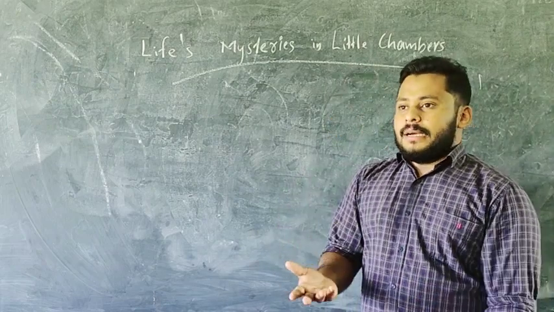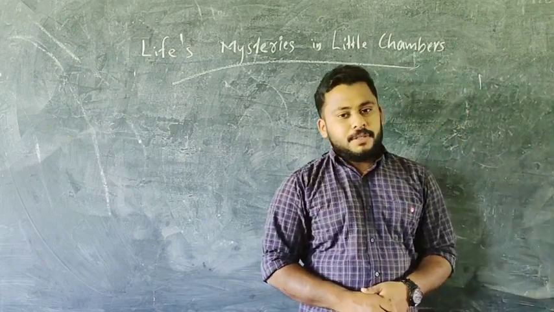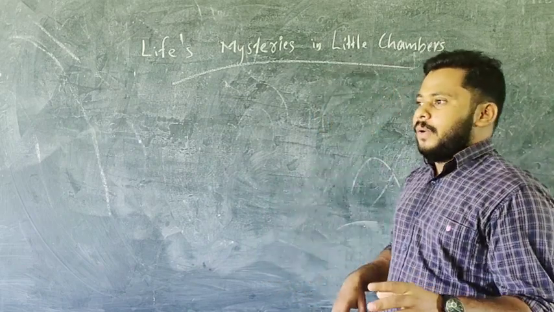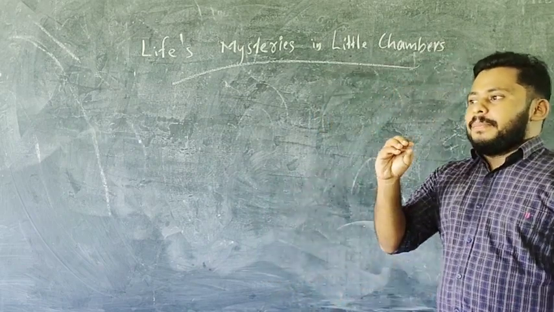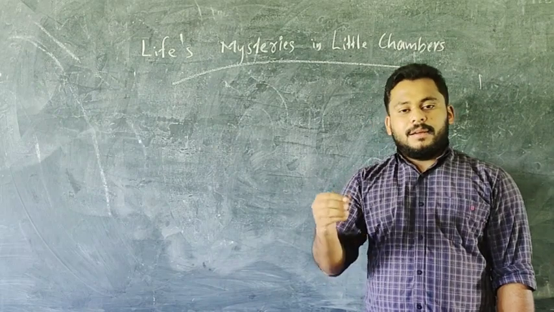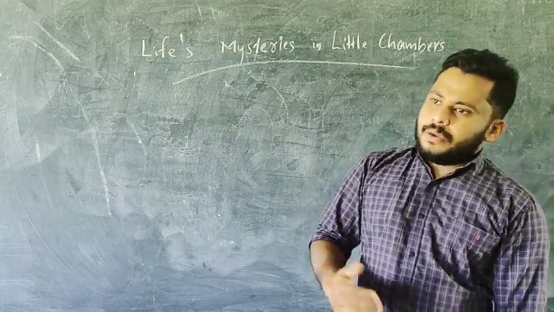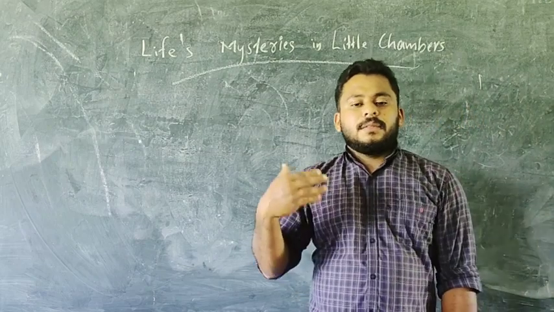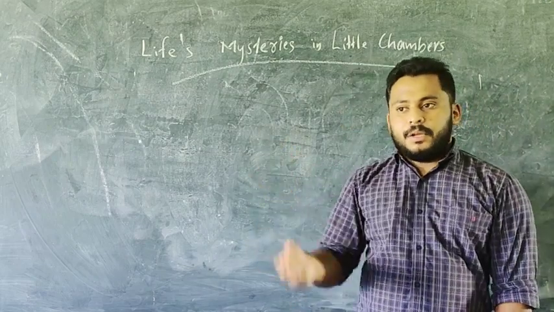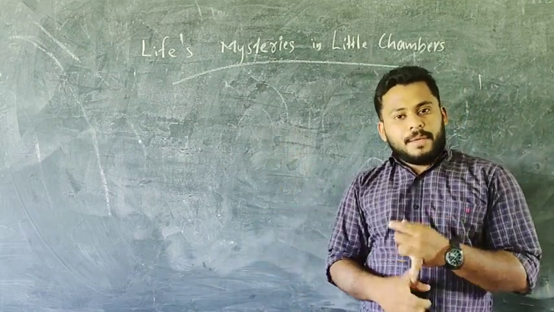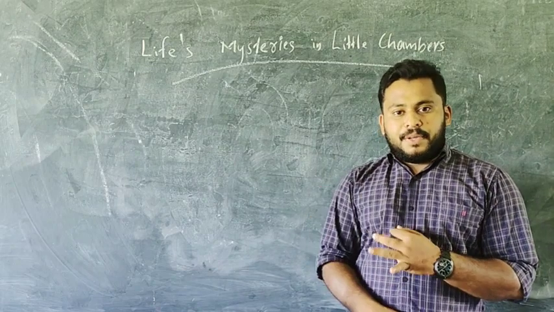If we want to conduct a simple experiment, that means how to observe a plant cell through a microscope. Not only plant cells, we can observe animal cells and other small organisms, unicellular organisms like amoeba and paramecium.